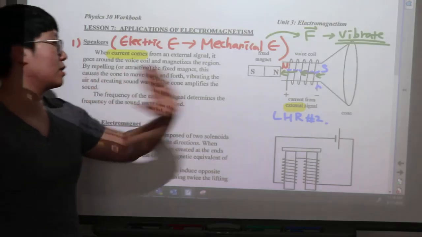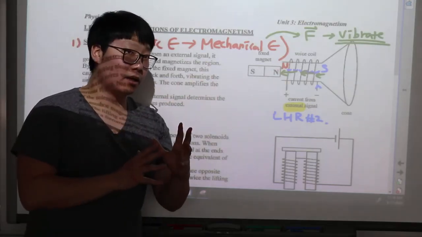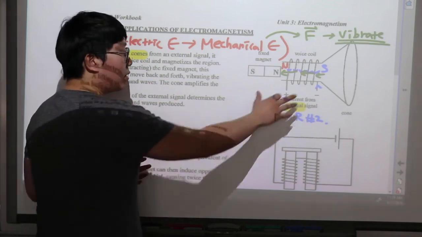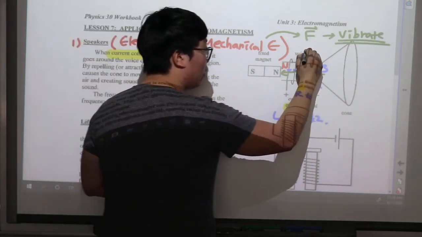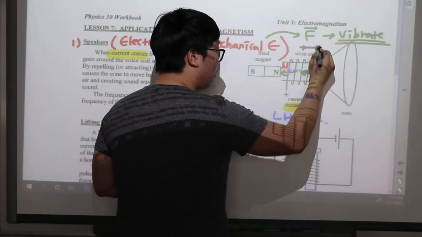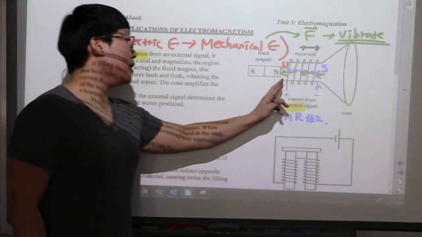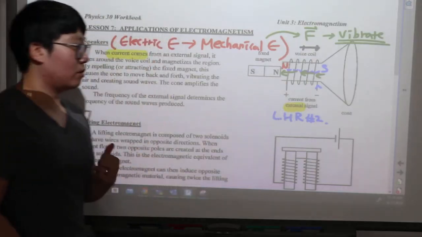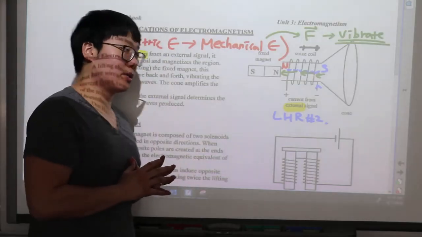If you look at just this diagram, north and north, there's a repelling occurring, which means they're going to move away. So technically this entire cone is trying to move away from it.